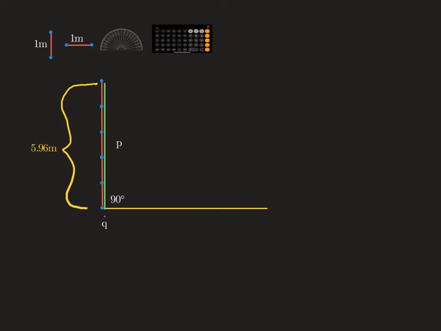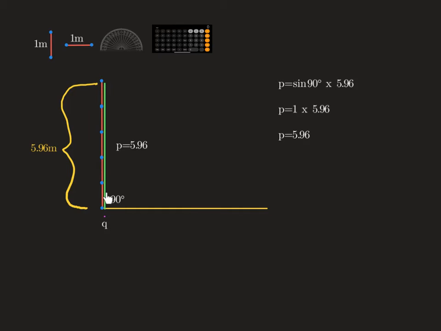Now, the height at the very top of this should be 5.96 meters because it's going straight up, so the height is the actual top of it. But the angle is 90 degrees, so we do sine of 90 degrees times 5.96 to see exactly what it equals, and sure enough, it just equals 5.96. So the 90-degree angle doesn't really ruin anything here.